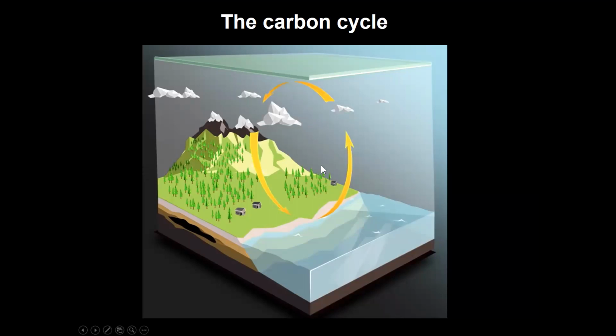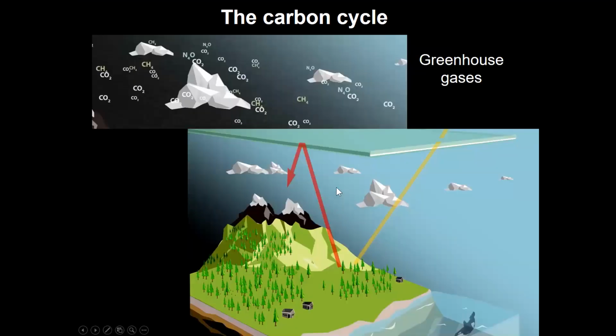Here you can see that there are many different greenhouse gases, such as carbon dioxide, methane, and other gases, that mix easily in the atmosphere and form a kind of blanket that traps some of the radiation coming from the sun. This blanket is what is known as the greenhouse effect.